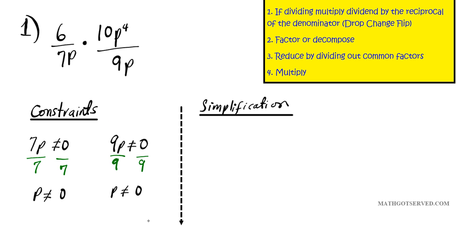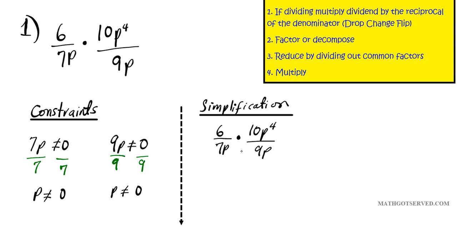So let's rewrite the problem. We have 6 over 7p times 10p to the 4th divided by 9p. Step number 1, if you're dividing, you drop, change, flip, or multiply the dividend by the reciprocal of the divisor.